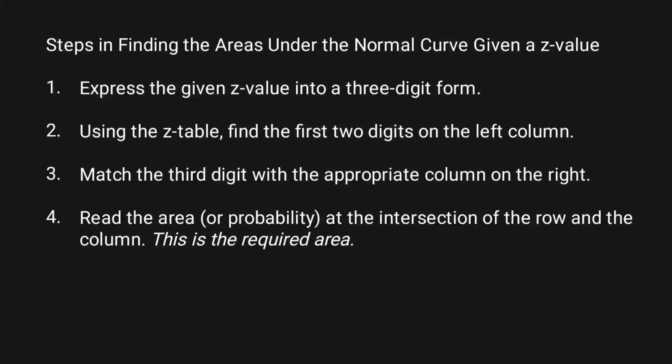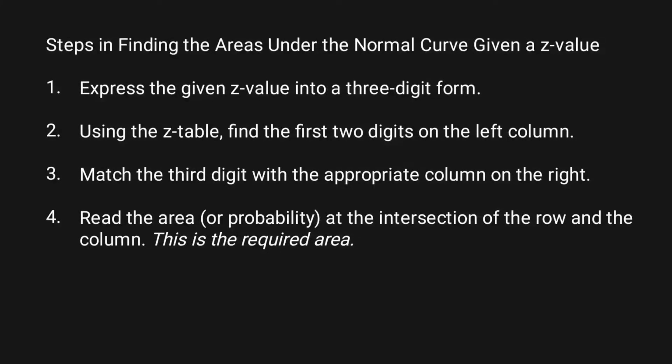Step 1, express the given z value into a 3-digit form. Step 2, using the z table, find the first 2 digits on the left column. Step 3, match the third digit with the appropriate column on the right. Step 4, read the area or probability at the intersection of the row and the column. This is the required area.